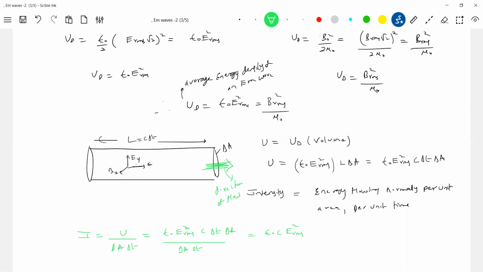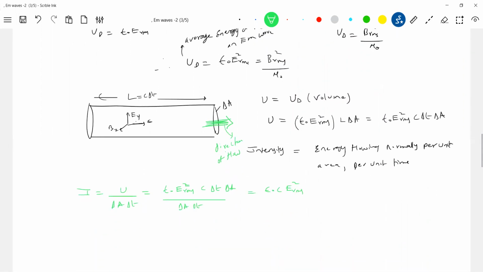So if you are bringing E RMS in terms of E naught, the same expression for intensity. Epsilon naught and E naught, please be alert.